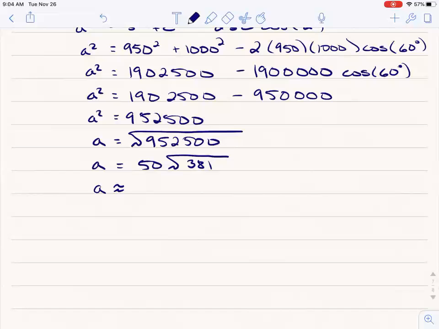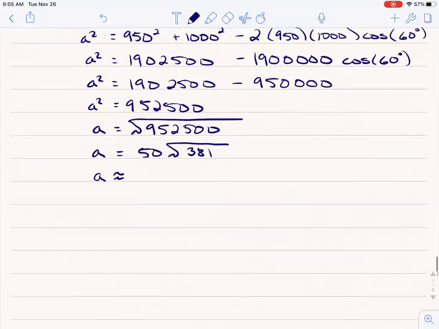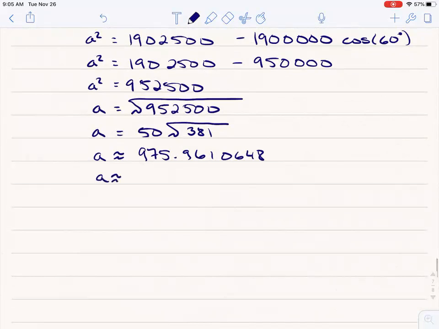If you told someone, oh, it's only 50 root 381 feet away, it's not very good. So we use an approximation, which is approximately 975.9610648, or to 2 decimal places, 975.96 feet.